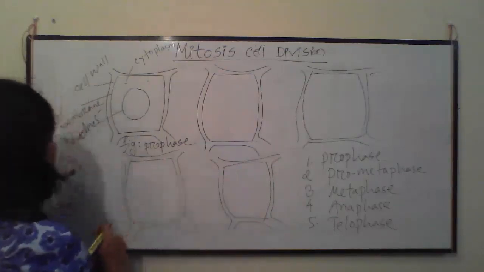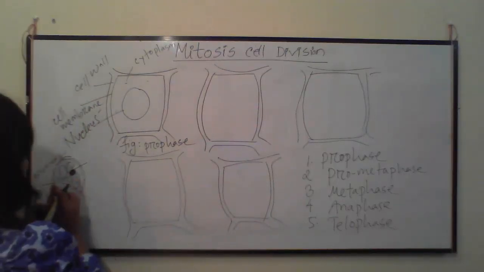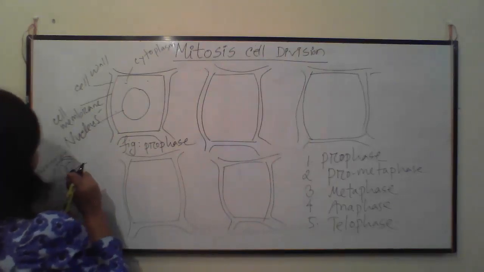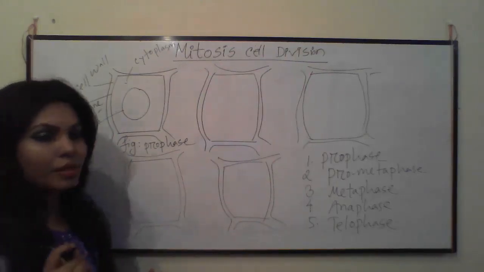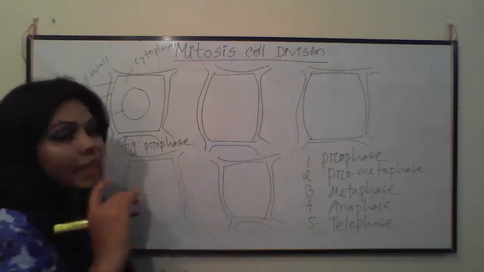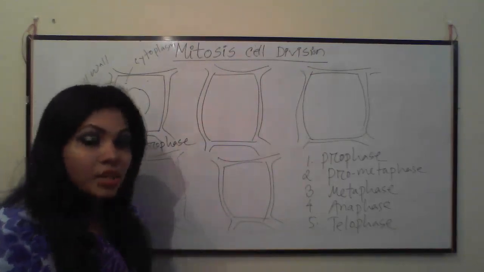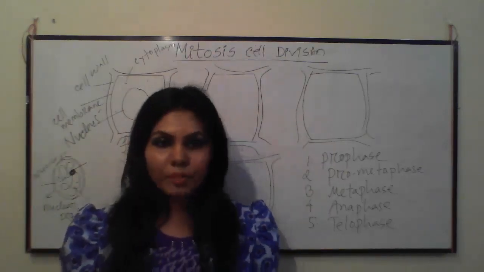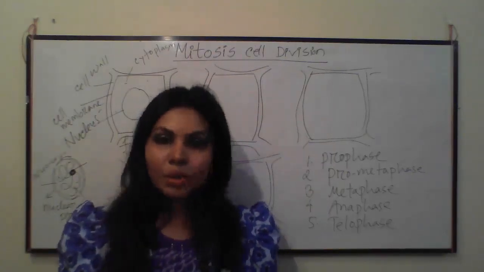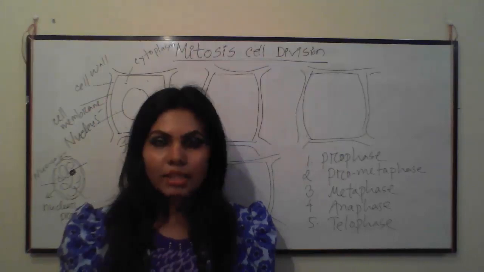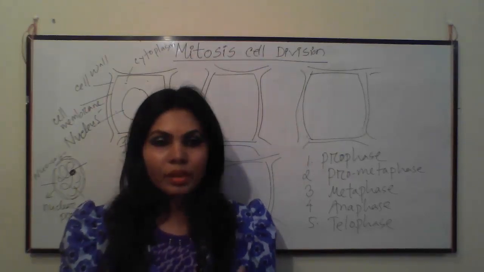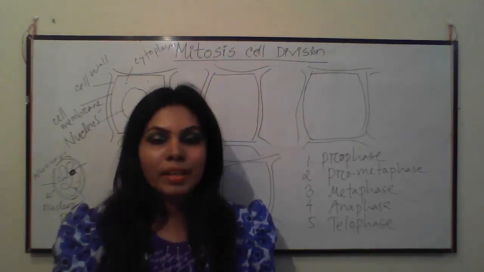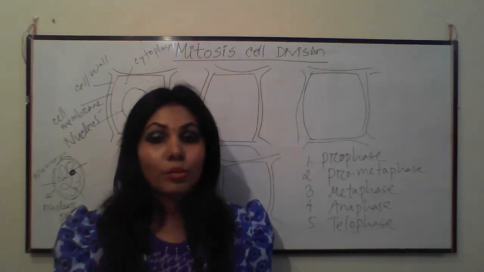And we know, I have already shown that here in the nucleus there is chromatin fiber. So the second point of this stage is that due to continuous dehydration, the chromatin fiber condenses and makes thread-like structures called chromosomes.